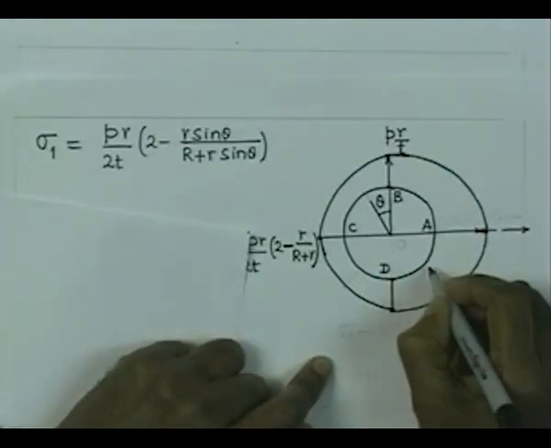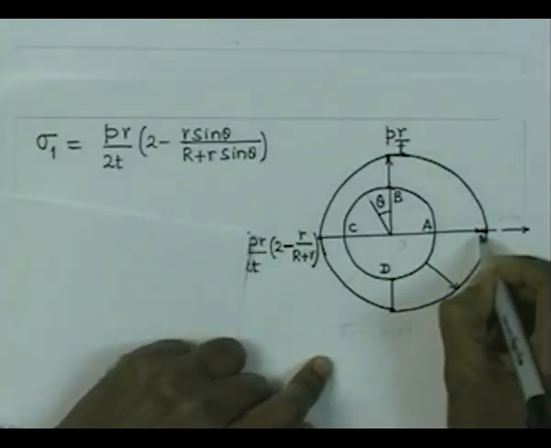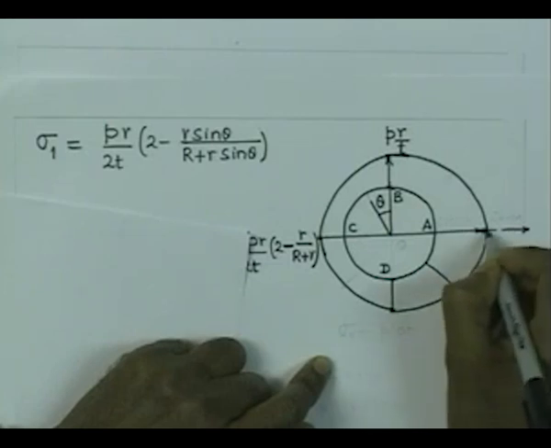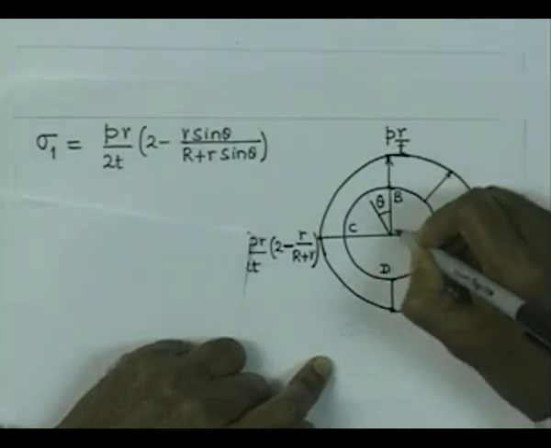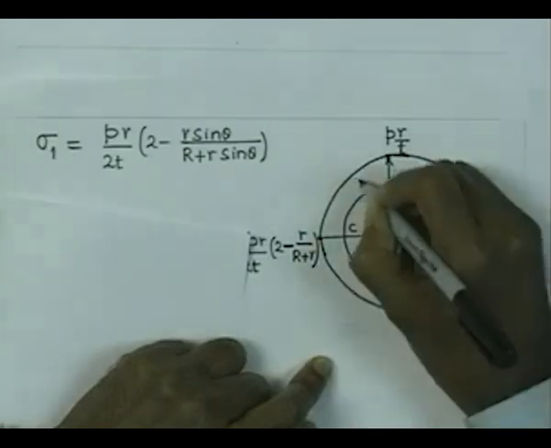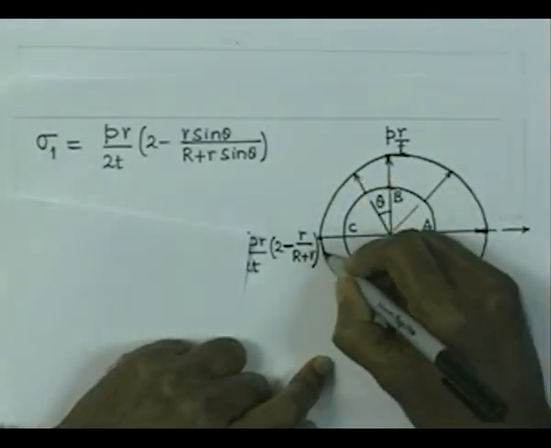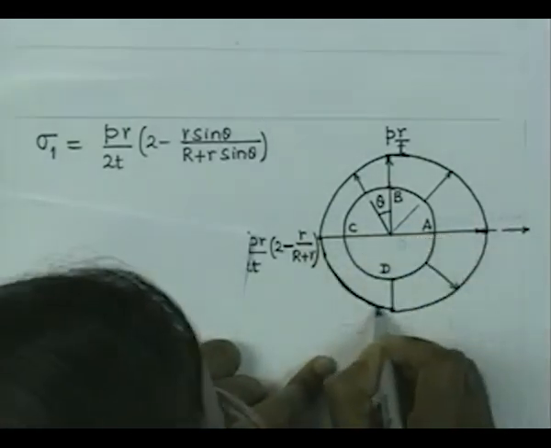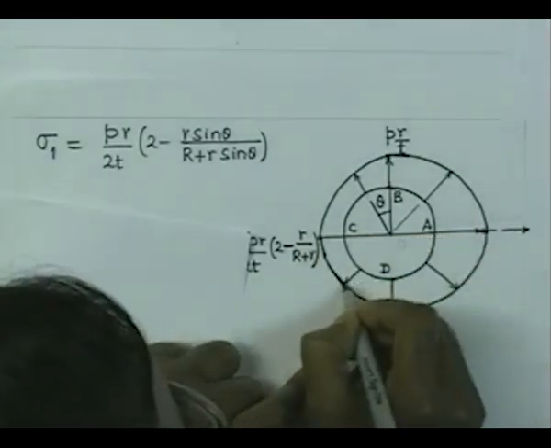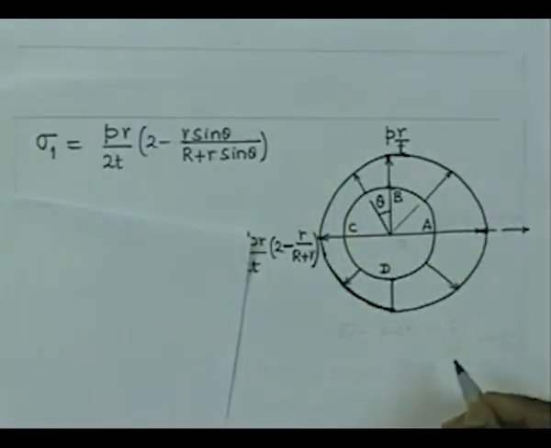You see that the stress is gradually increasing and taking up the highest value there, and this radial distance is the magnitude of the stress we are plotting for any theta value. So, this is what we call the radial plot of the stresses, and everywhere it is tensile stress.